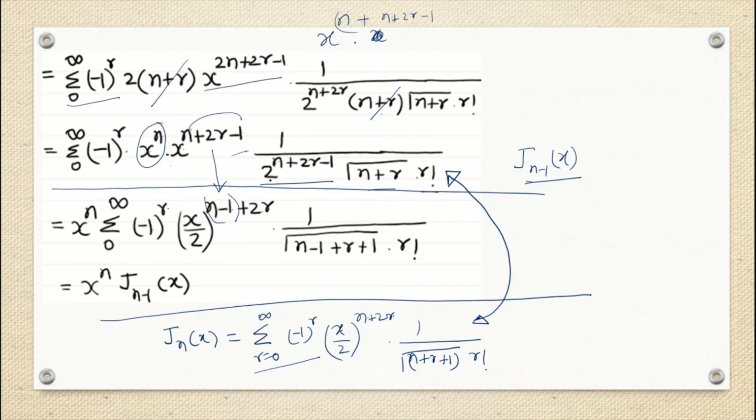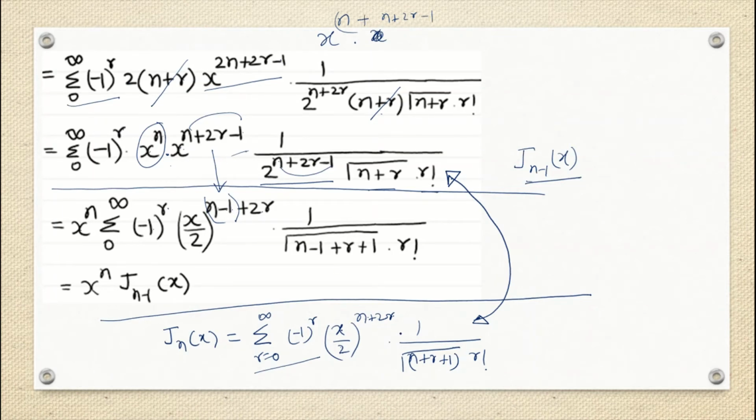Similarly, the power of 2 is n minus 1 plus 2r. That means for J n of x it is x by 2 to the power n plus 2r, and for J n minus 1 of x it should be x by 2 to the power n minus 1 plus 2r. So this is also written here only. We don't have to make any further adjustment. This is done here.